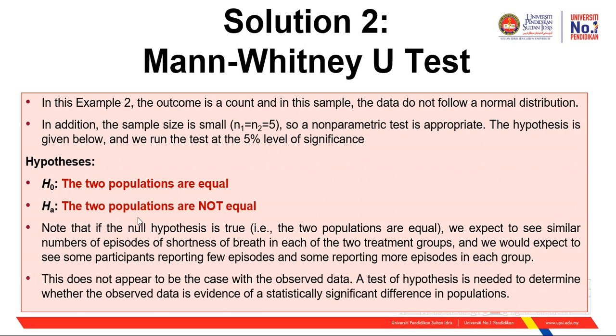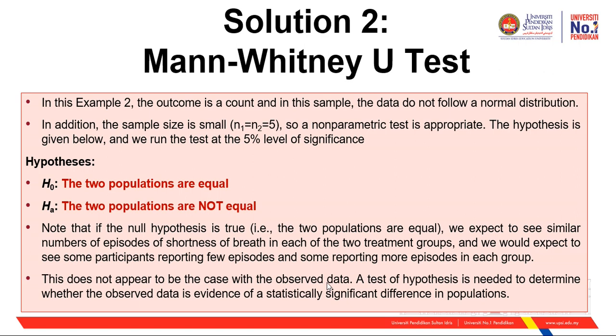Okay, here note that if the null hypothesis is true, that means the two populations are equal. We expect to see similar numbers of episodes of shortness of breath in each of the two treatment groups. And we will expect to see some participants reporting few episodes and some reporting more episodes in each group. Okay, this does not appear to be the case with the observed data.